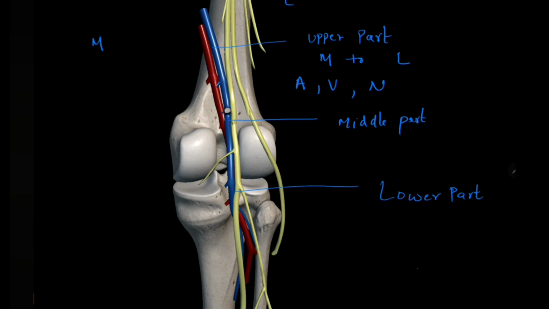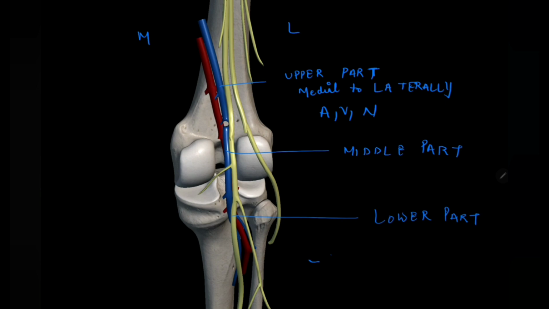Now if we go to the middle part, it is not from medial to lateral, it is from behind to forward. As you can see they are stacked one on each other. We cannot see the artery in this, obviously. So no artery is seen, we can see vein and nerve. If we go from forward to behind, we can see the nerve is there, then there is the vein and then the artery also.